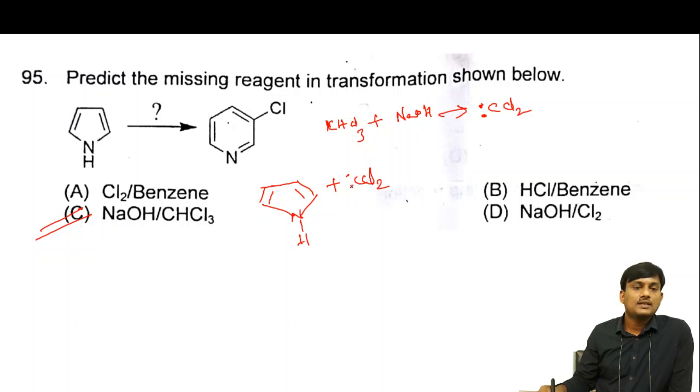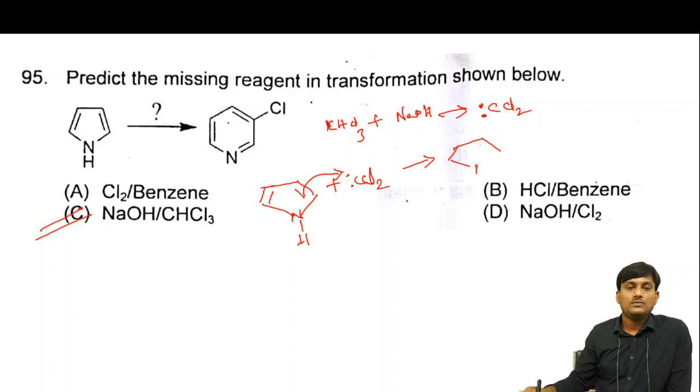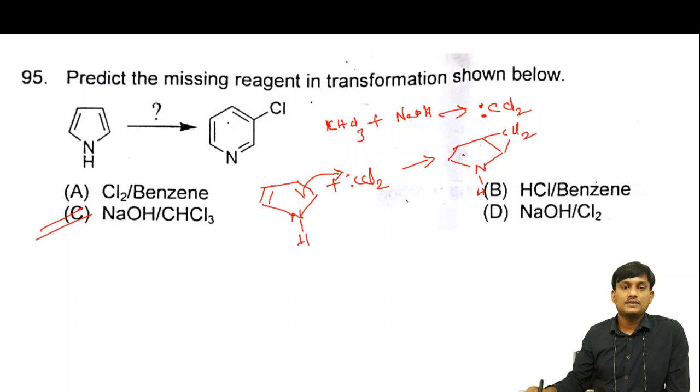So first there is an attack of these pi electrons. So you will get CCl2, and this one is a double bond. These are lone pair electrons. So next step will be these electrons move like this, these electrons move like this.